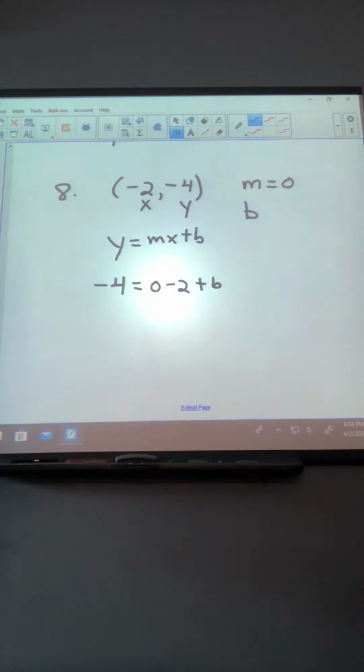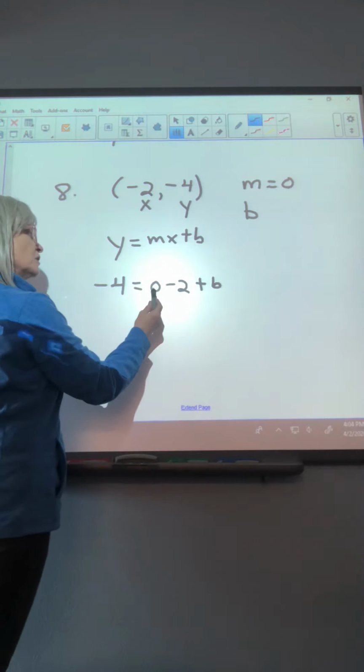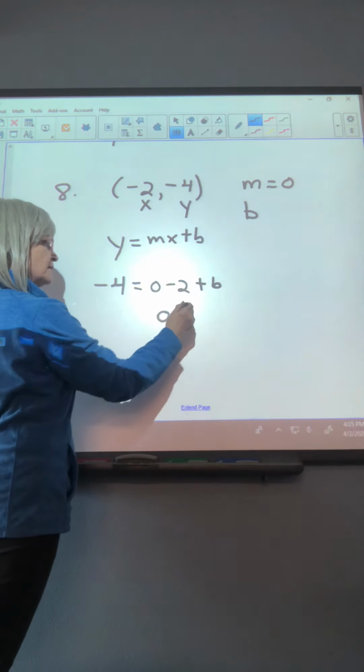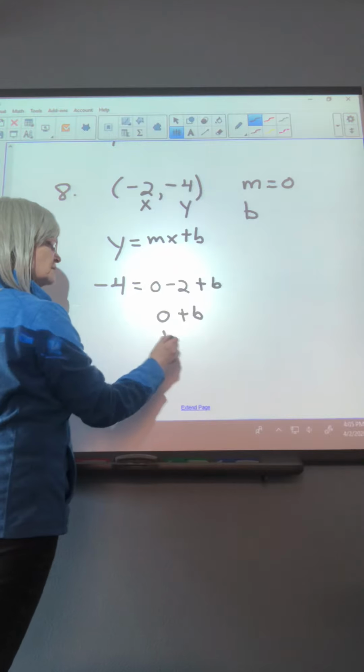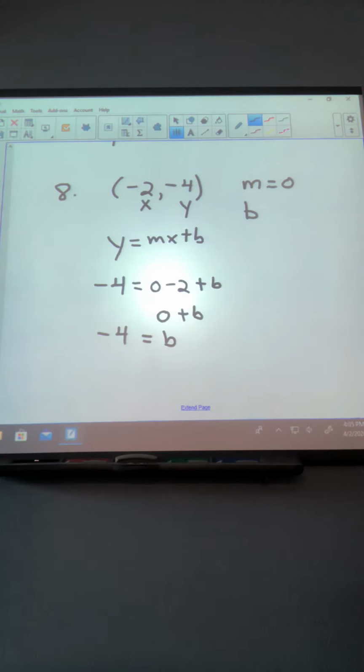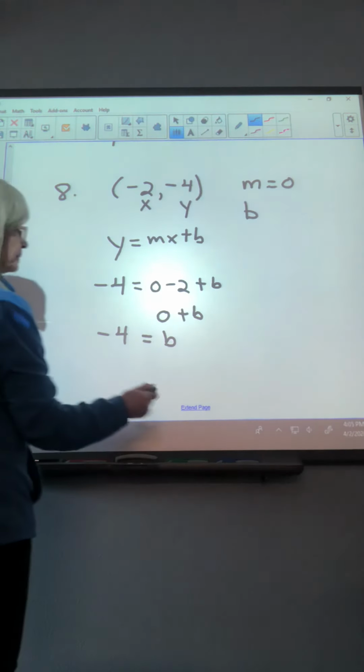So all we did was some substitution. So we would start with 0 times a negative 2, which is 0, and then 0 plus b, which of course is b. So b is equal to a negative 4. So now we'll write our equation of the line.